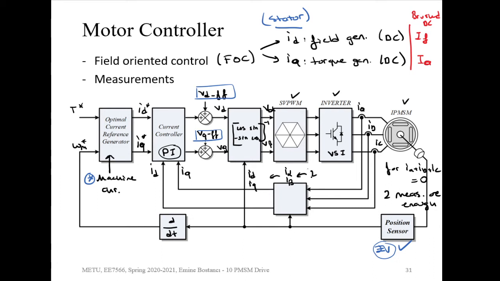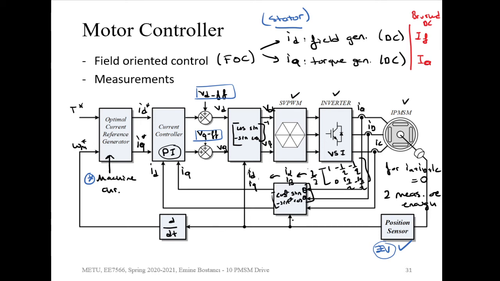Here you are going to apply the matrix 2 over 3, with rows 1, minus 1 over 2, minus 1 over 2, and 0, square root of 3 over 2, minus square root of 3 over 2, to get I alpha, I beta. To get DQ you need the transformation cosine theta, sine theta, minus sine theta, cosine theta.